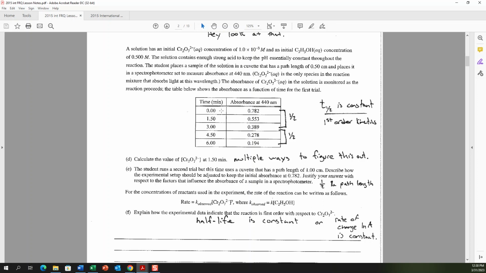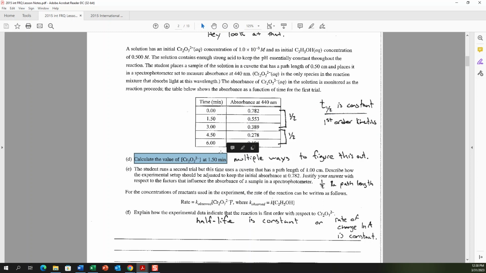So that's one half-life, and it took 3 minutes. And then 0.389 divided by 2 is close to 0.194. So the next half-life took the same amount of time. So notice the half-lives are remaining constant, and that is a sign that the dichromate ion is following first order kinetics. So I just made that note because that's one of the first things I check for.